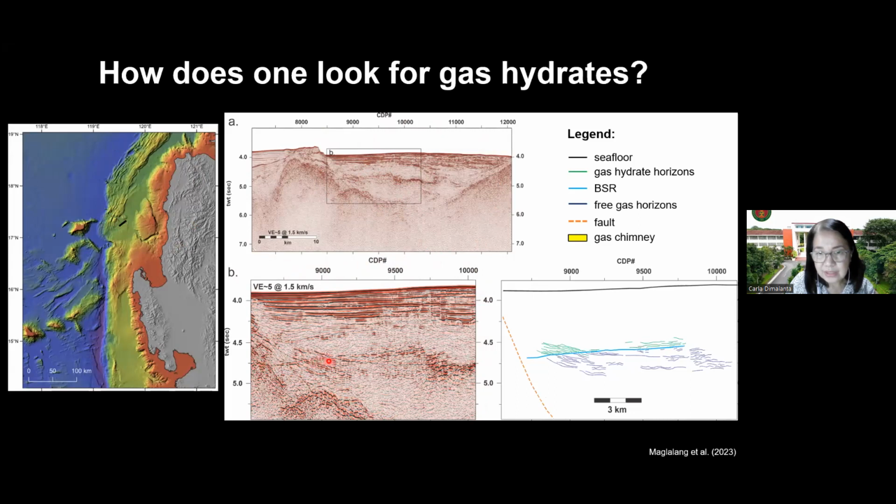You can see it's a linear feature, negative ang impedance, or baligtad yung contrast nung densities niya. This is the interpreted section here. That feature is what we refer to as the BSR. Again, above should be the gas hydrate horizon and below should be the free gas horizons. And again, for this particular seismic section, may na-delineate din kaming fault, and I think this was interpreted to be a strike slip fault.